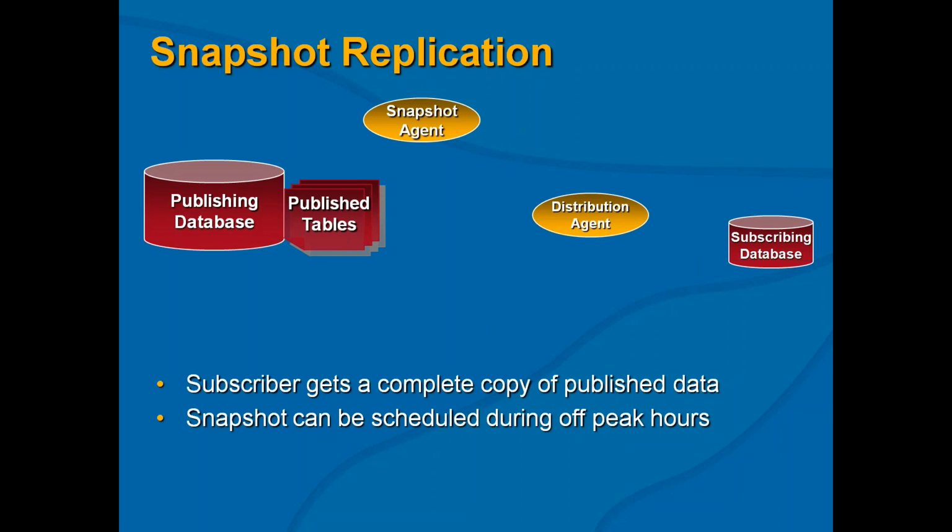The snapshot agent will first take the snapshot of all the published tables and keep it in a location, and from there the distribution agent will take those files and data and initialize them onto the subscribing database. So this is what happens every time a snapshot agent runs.